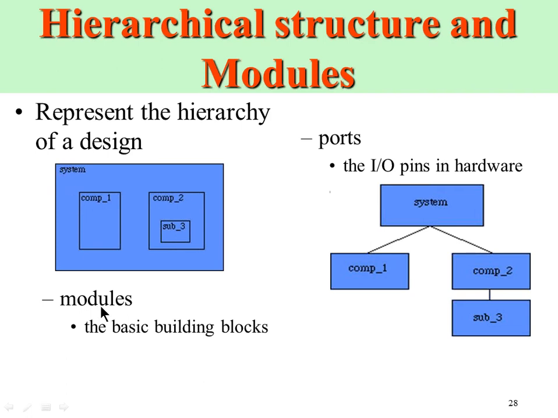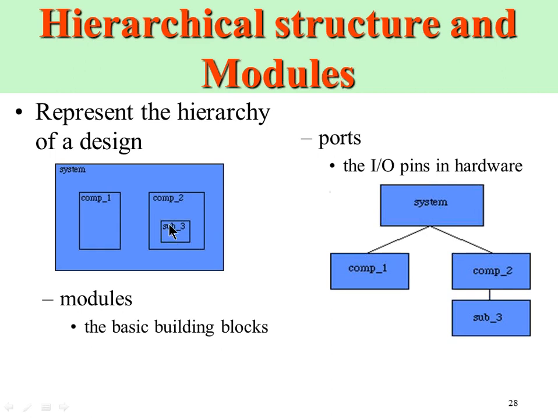Each is represented by a module in Verilog. In Verilog, each of these becomes a separate design. One, two, three, four. We'll have four modules or four different Verilog files, one for each module.